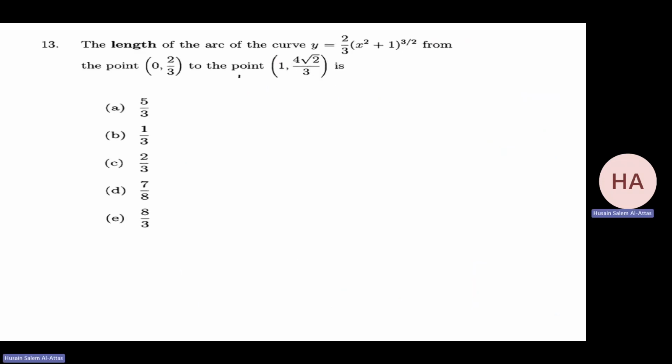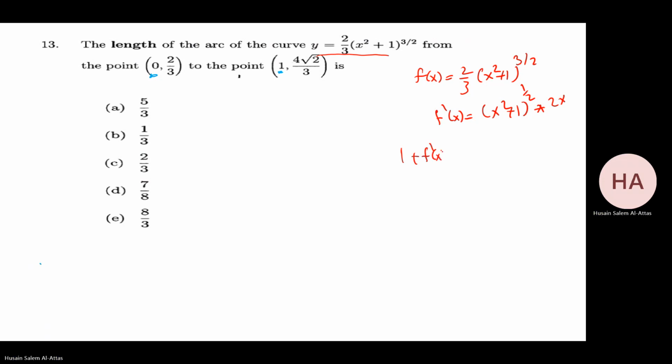Okay, the length of this arc from this point to this point. So I need it from 0 to 1. So this is the function. So f of x is this one. F prime of x will be what? x squared plus 1 to the power half times 2x. 1 plus f prime of x squared gives me 1 plus x squared plus 1 for x squared.